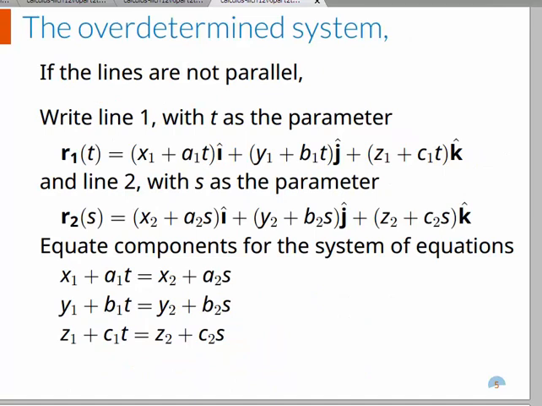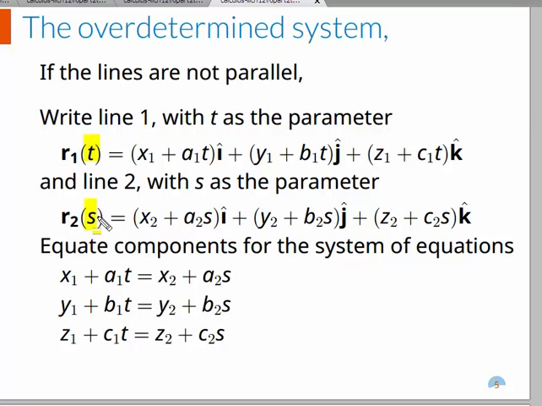So this procedure involves an overdetermined system of equations. In this case, we've eliminated the fact that they're parallel, so we have lines that are not parallel. And here's the procedure. We're going to write again the vector equation, the parametric equation for each line. But we're going to write the first one using t as a parameter like we always do, and the second one we'll write with s as a parameter.